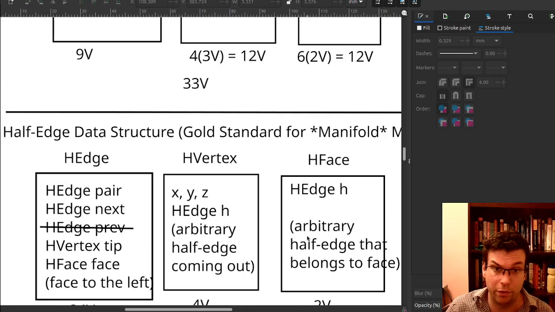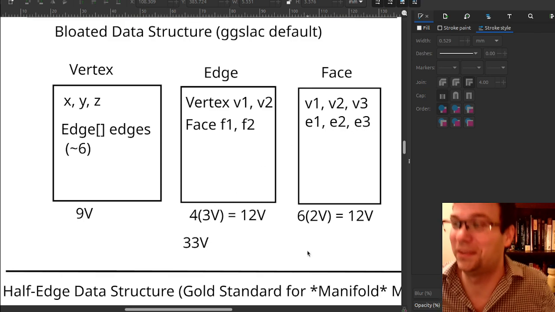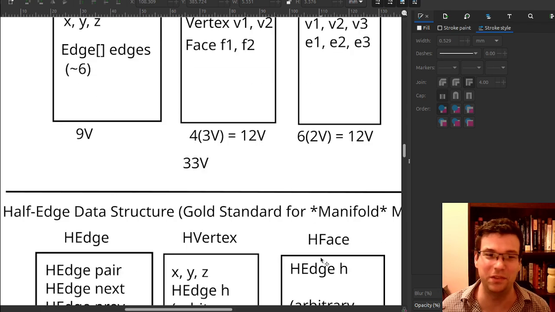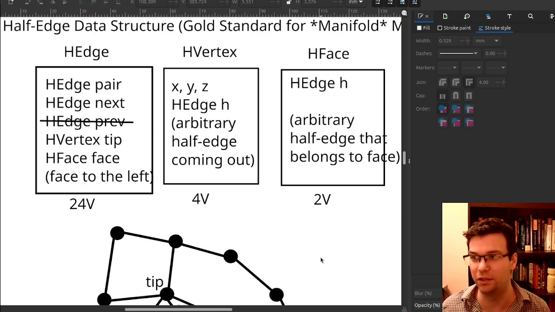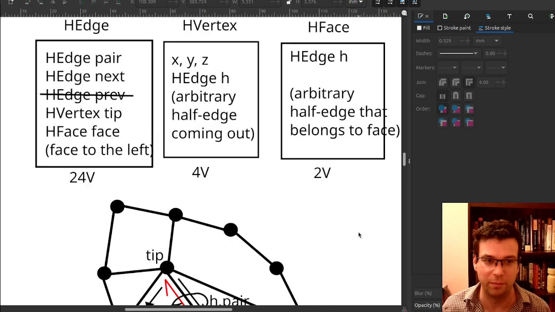Now I'm only using 30V. I guess here we saw we could do a little better if we didn't have to store the edges, so maybe it's about a tie with memory. But this one is going to be a little bit more elegant to do certain surgery on. So we're going to roll with this one.